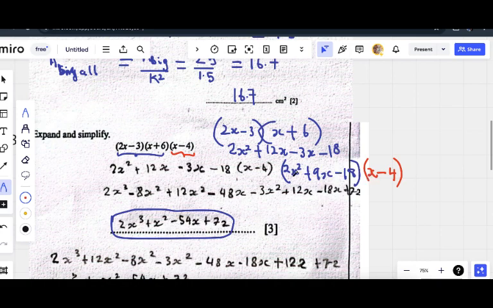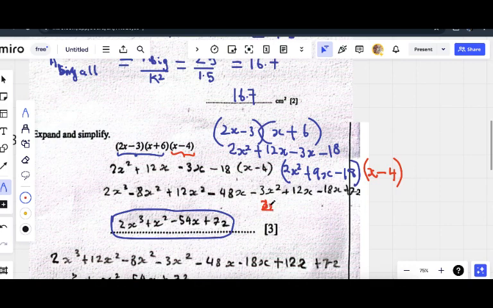So we say x times 2x squared, we'll get what? We get 2x cubed. Are you with me?